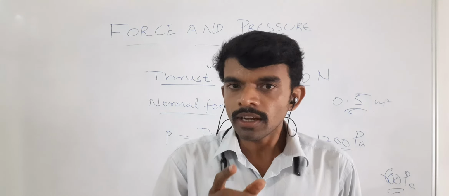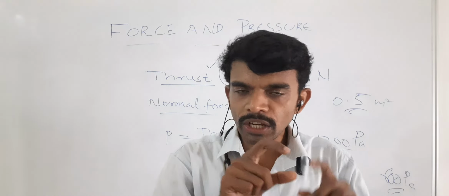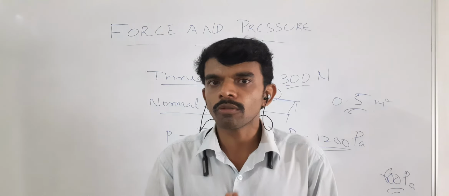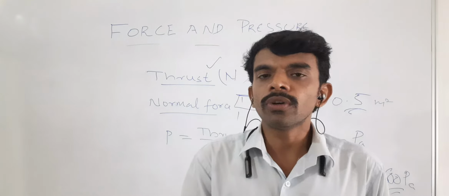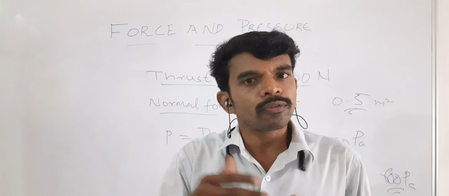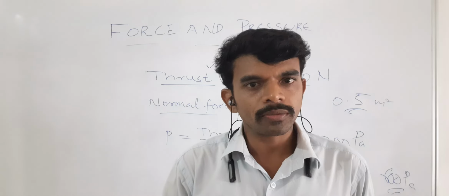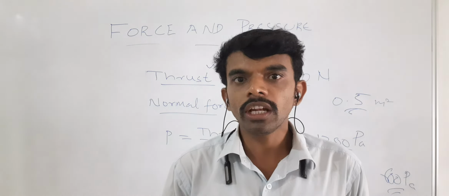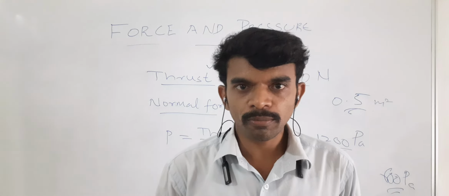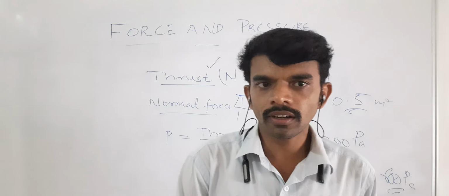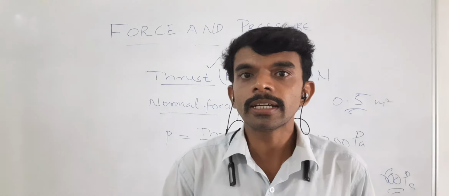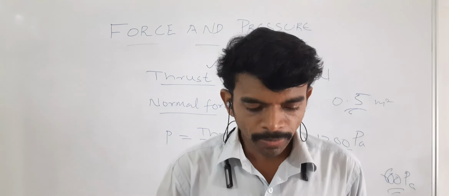The normal force exerted per unit area is called pressure. So the liquid exerts pressure. Not only liquid, the gases also exert pressure. So liquid plus gas we call fluid. So fluid exerts pressure on the container.